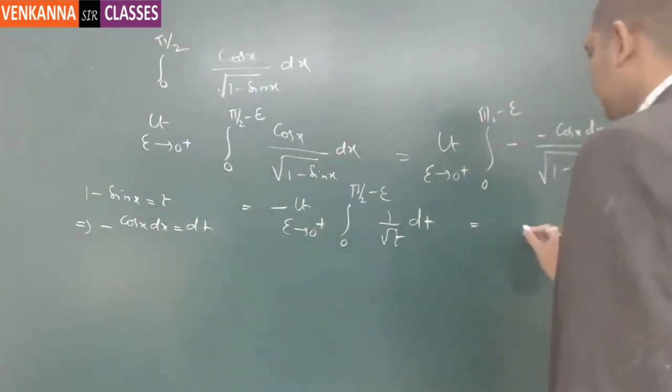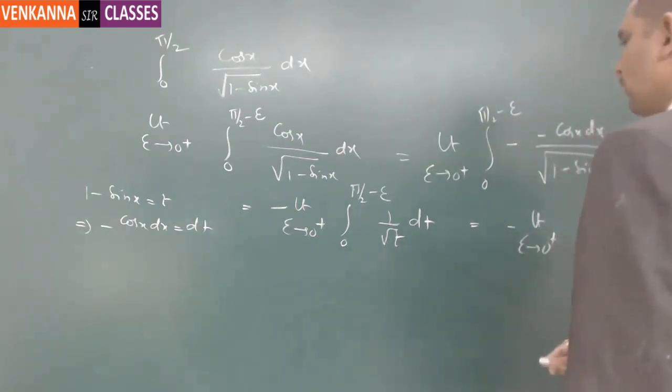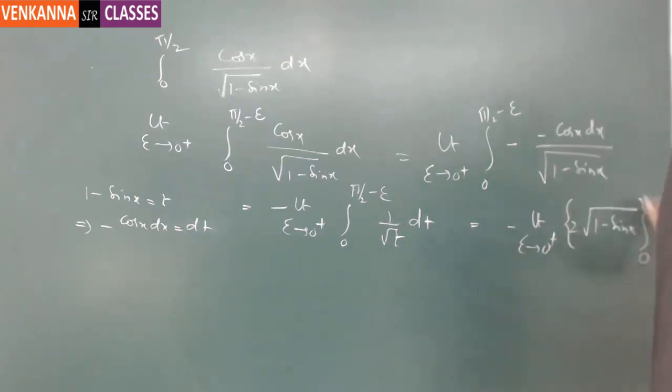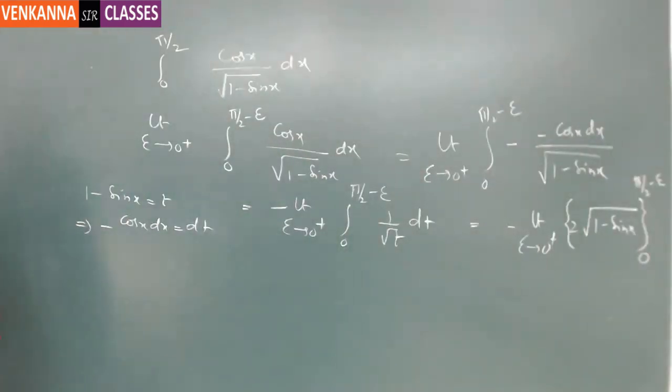So it will be minus limit epsilon tends to 0 plus 1 by root, that is nothing but 2 root t, where t is nothing but 1 minus sin x, between the limits 0 to pi by 2 minus epsilon. I think it will be easy for you to calculate the limits.